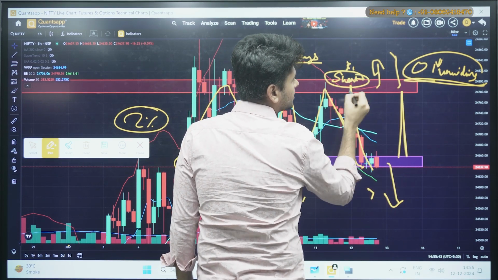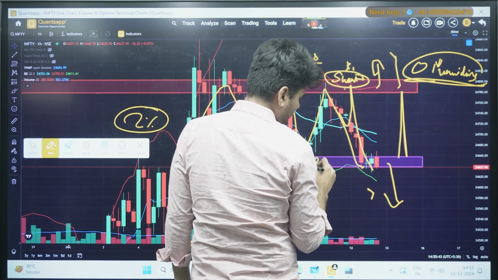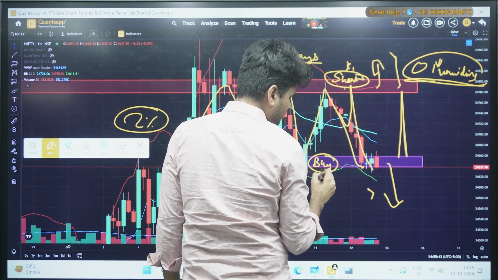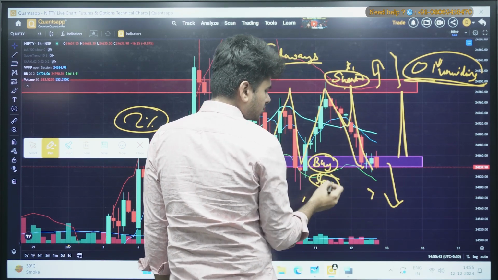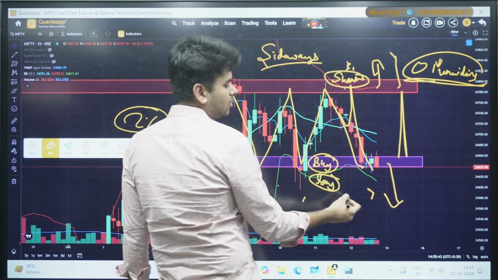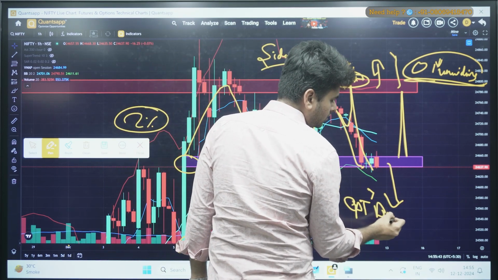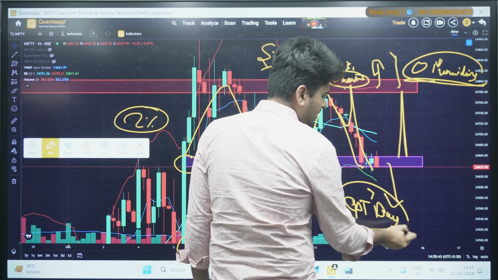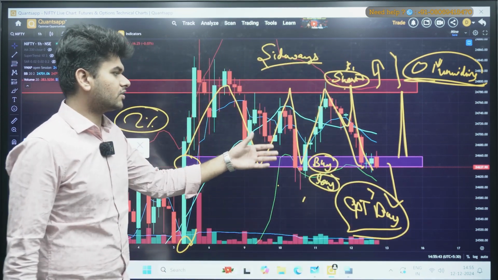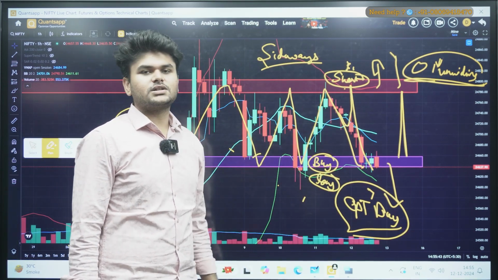Whenever it comes here you short, and whenever it comes here you buy or go long. This way you can also do range bound trading if you are an option buyer, and make a few bucks out of it.